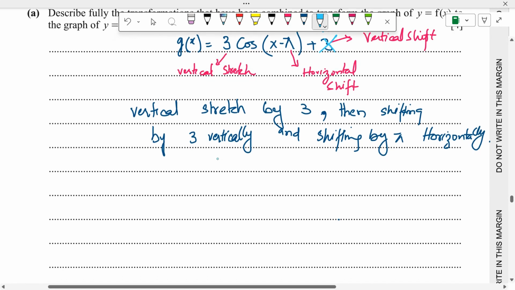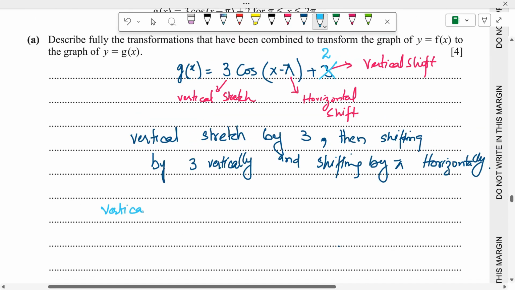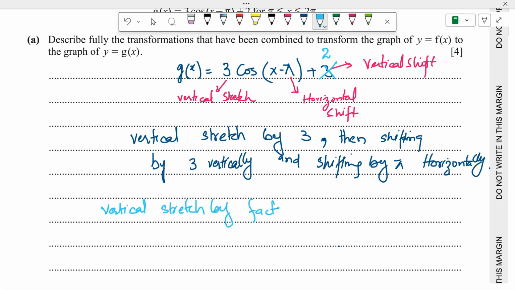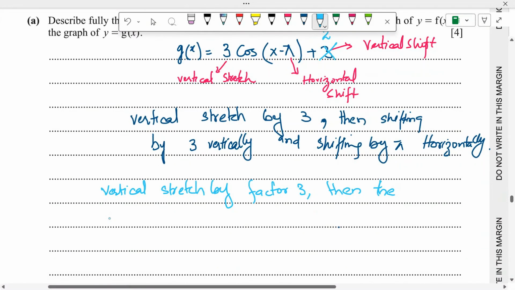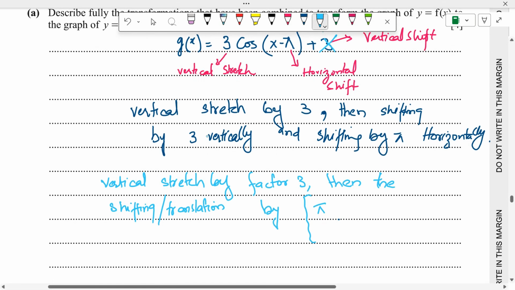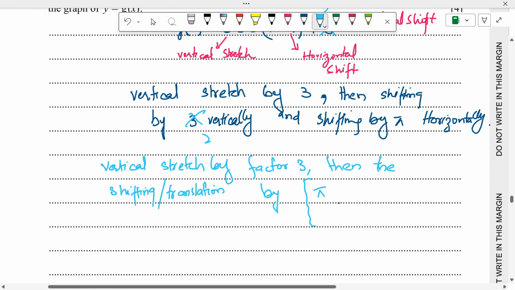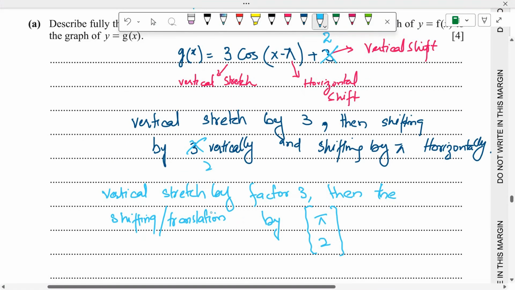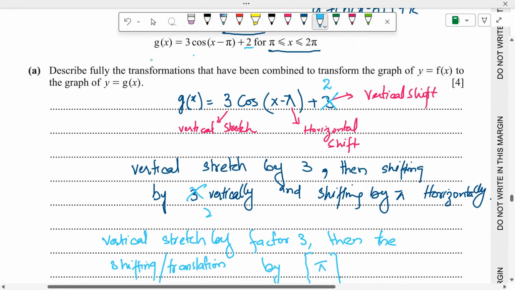So we can write: vertical stretch by factor 3, then the shifting or translation by the x component, which is pi, and the y component, which is 2. So this describes the transformation of f of x into g of x.